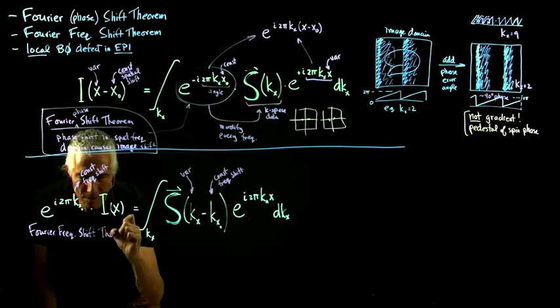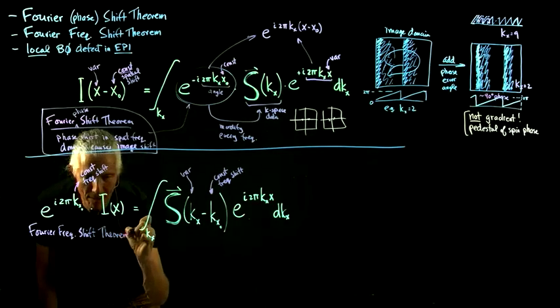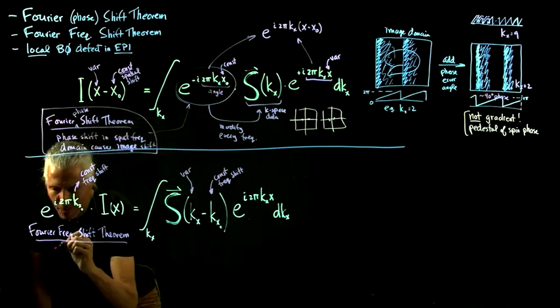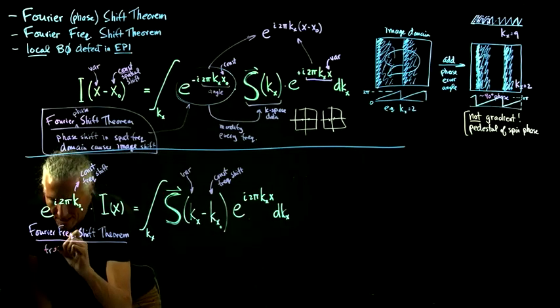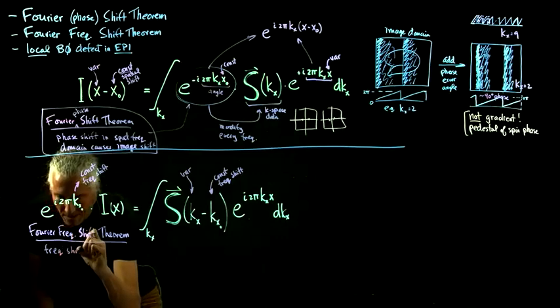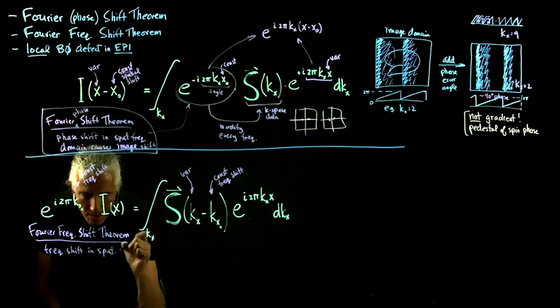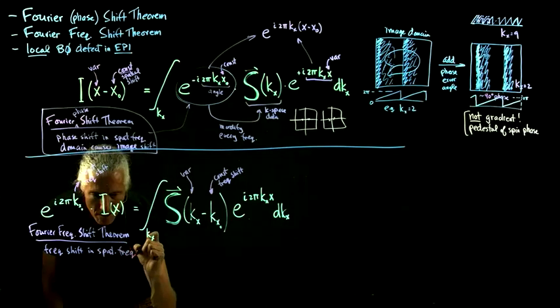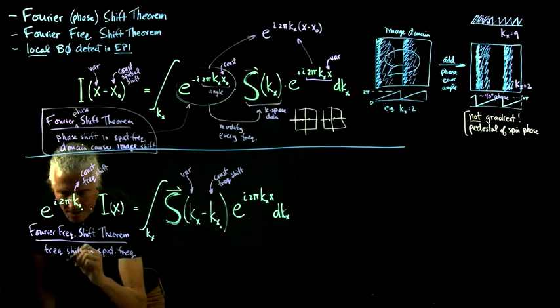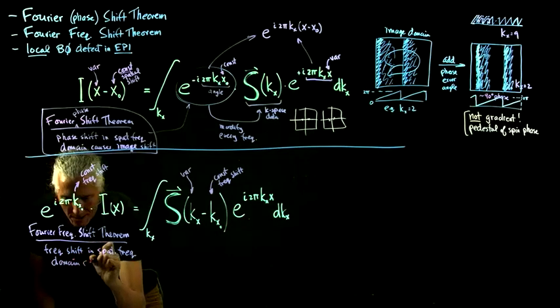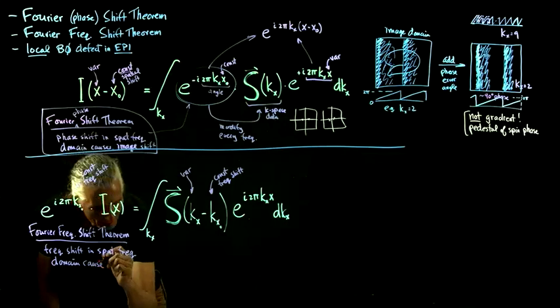And so in words, again, what is it? A frequency shift in the spatial frequency domain causes a phase shift in the image.